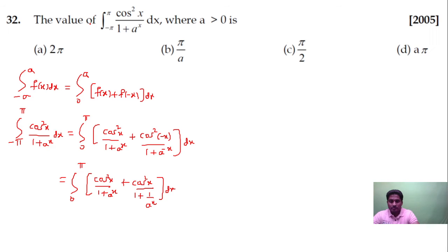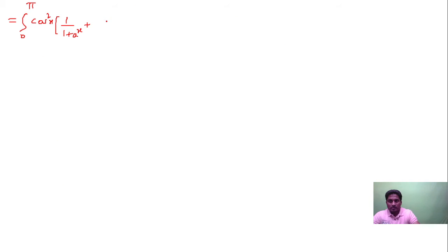Cross multiply and shift to numerator, you get a power x upon 1 plus a power x. So this is equal to 0 to pi of cos square x times 1 plus a power x upon 1 plus a power x dx.